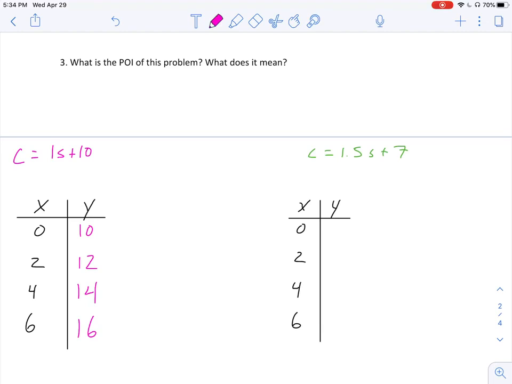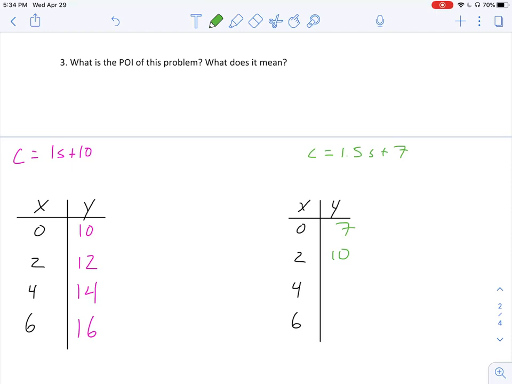The other company, MusicMine, again, if I plug in 0 for my S value or my N value, I would simply get 7. When I plug in the X value of 2, I would get 2 times 1.5, which is 3, plus 7 gives me a value of 10.